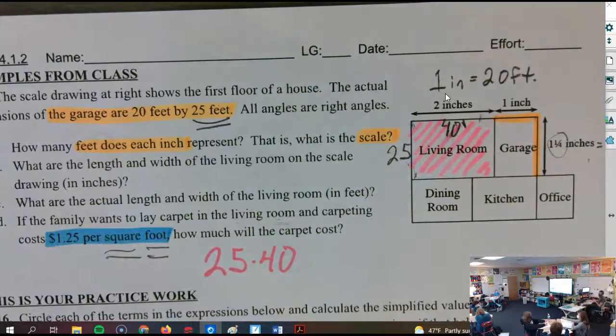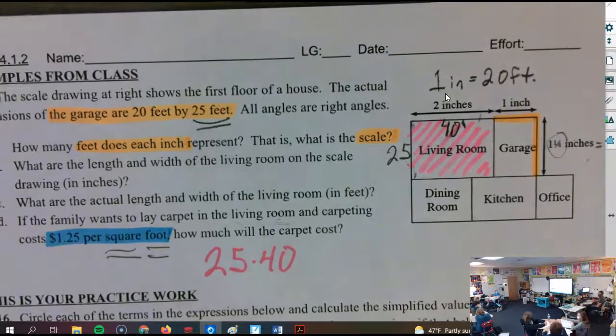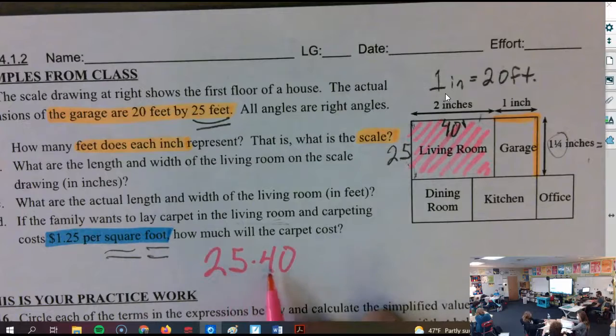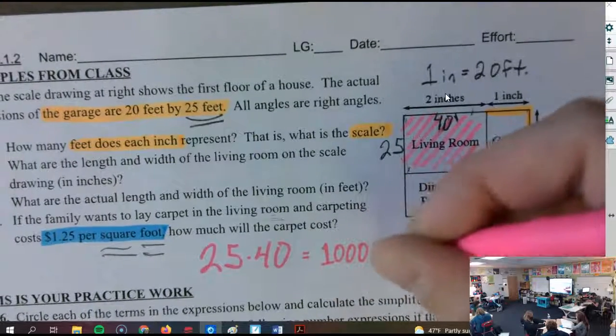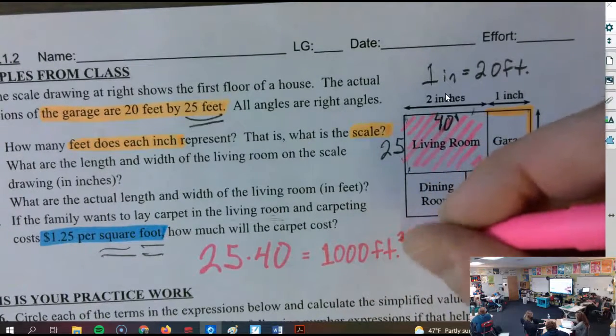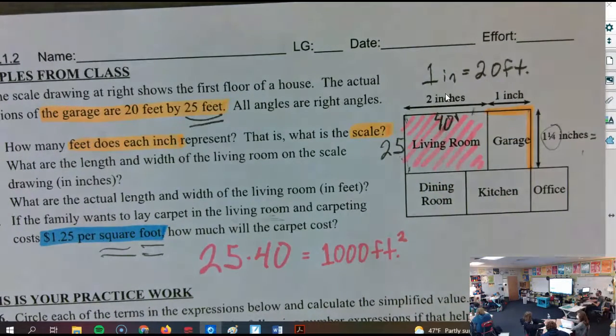Make your life easier. What's 25 times 4? 100. Then put the extra 0 on. It's 1,000 feet. Hey, we all make mistakes. It's okay.